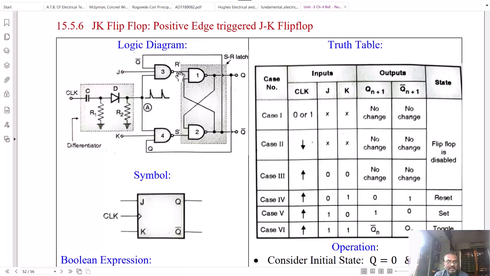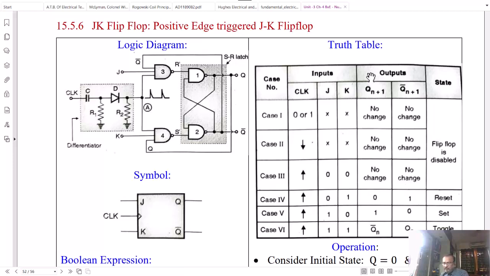And then consider the clock is changed, and note down the various states of the signals R dash and S dash, and see what is the change in the output next state. And you will find that when J and K both inputs are 1 and the clock changes, the output will toggle, meaning the output changes state.